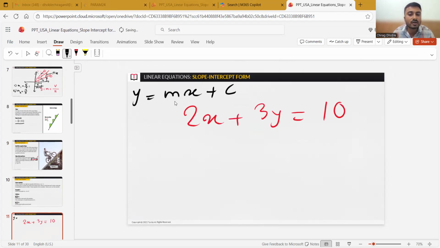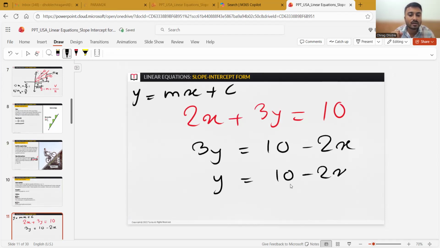So I will make sure my rearrangement looks like this. I'll try to keep y on one side. So first I will move the 2x over. So 3y is equal to 10 minus 2x, and then y is equal to (10 minus 2x) upon 3. Now I have to break it down in terms of mx plus b.